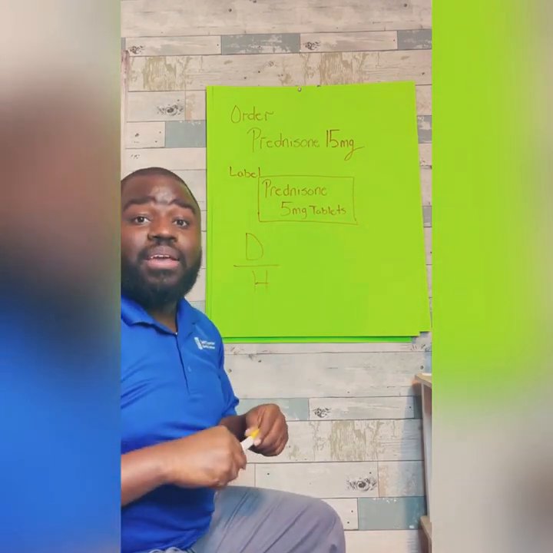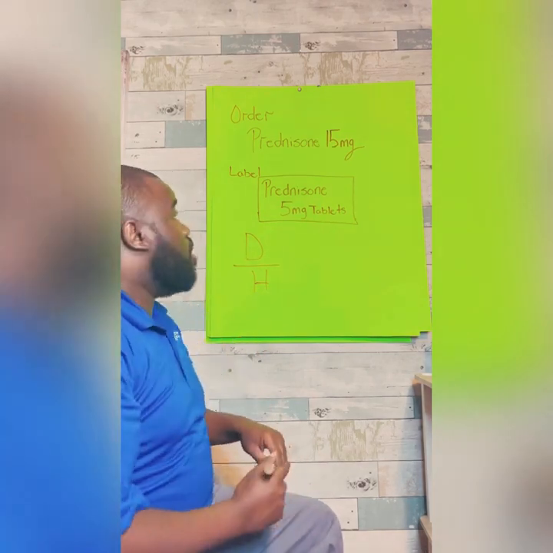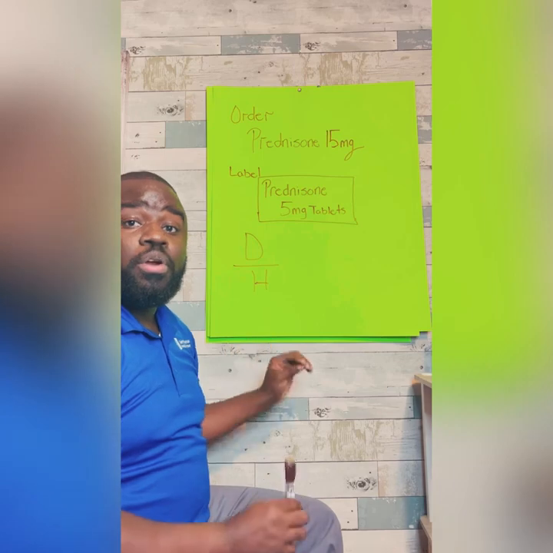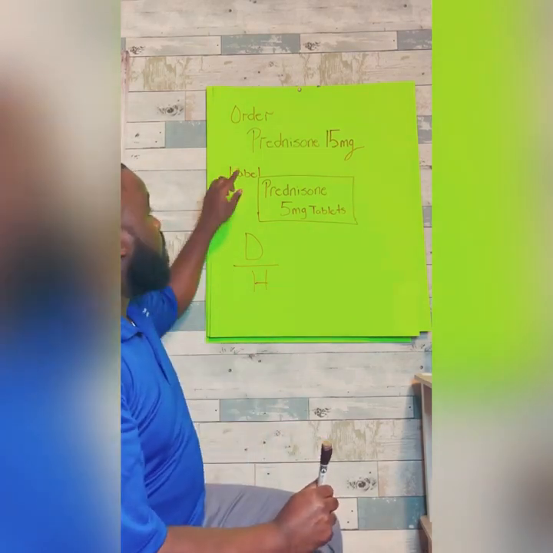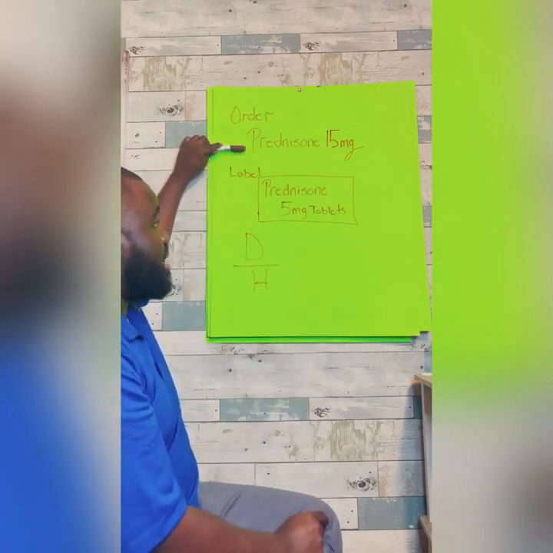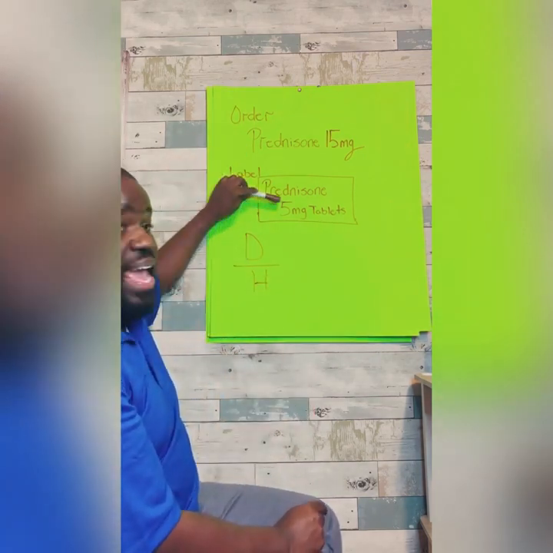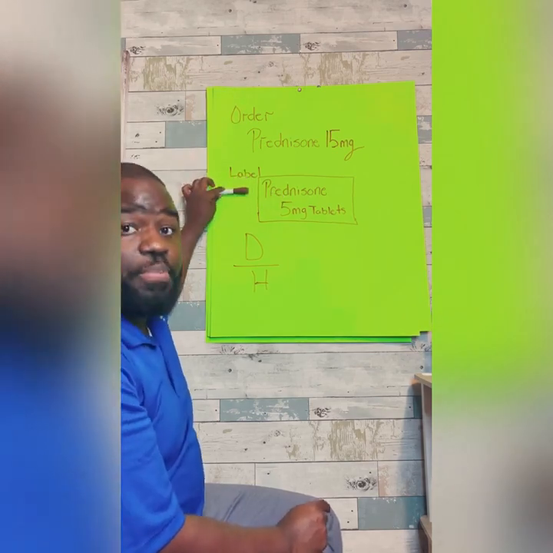So before you calculate a dosage problem, a couple of things you need to check first. You need to make sure that your order matches your label. So if your doctor ordered prednisone 15 milligrams, it needs to match the label, the name. If the order says prednisone, the label should say prednisone.